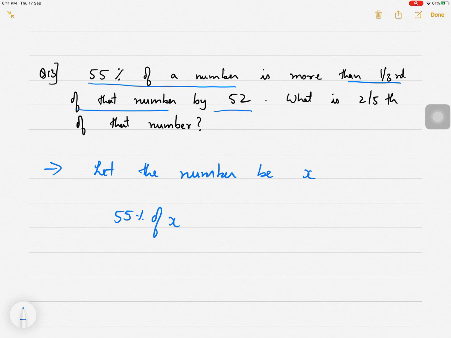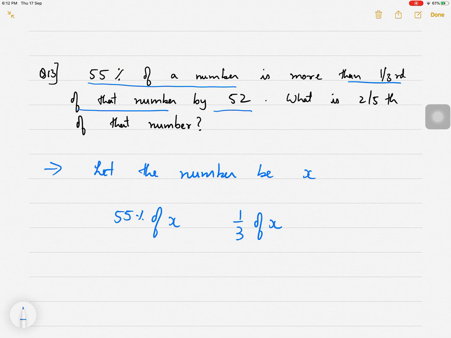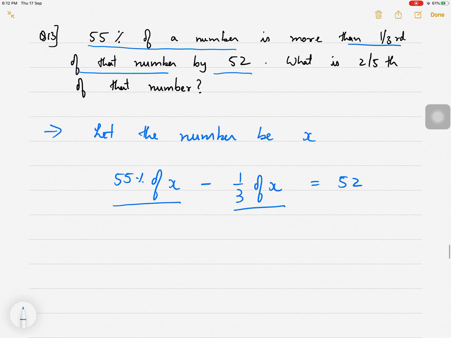1/3 of that number means 1/3 of x. 55% of x is greater than 1/3 of x by 52. So I can say 55% of x minus 1/3 of x is equal to 52. Can I say like that? Correct?